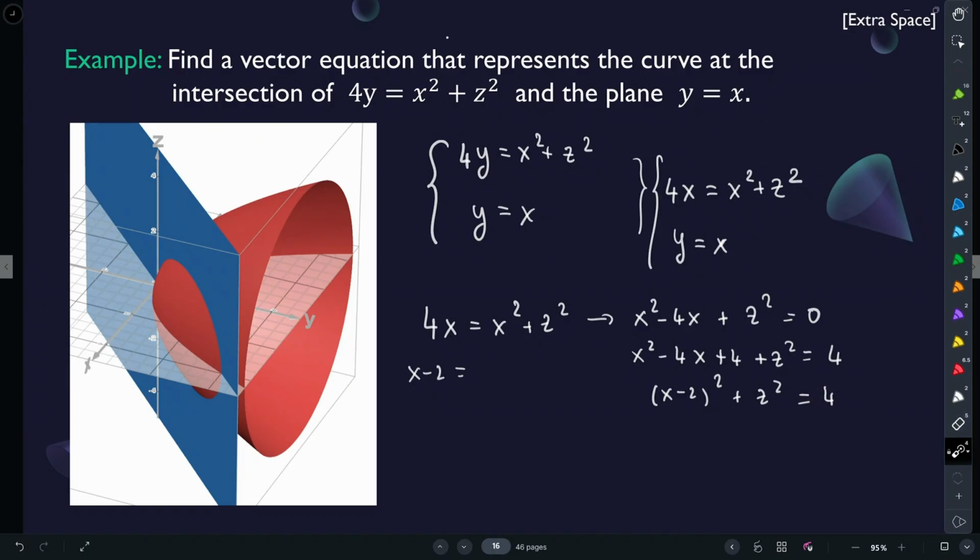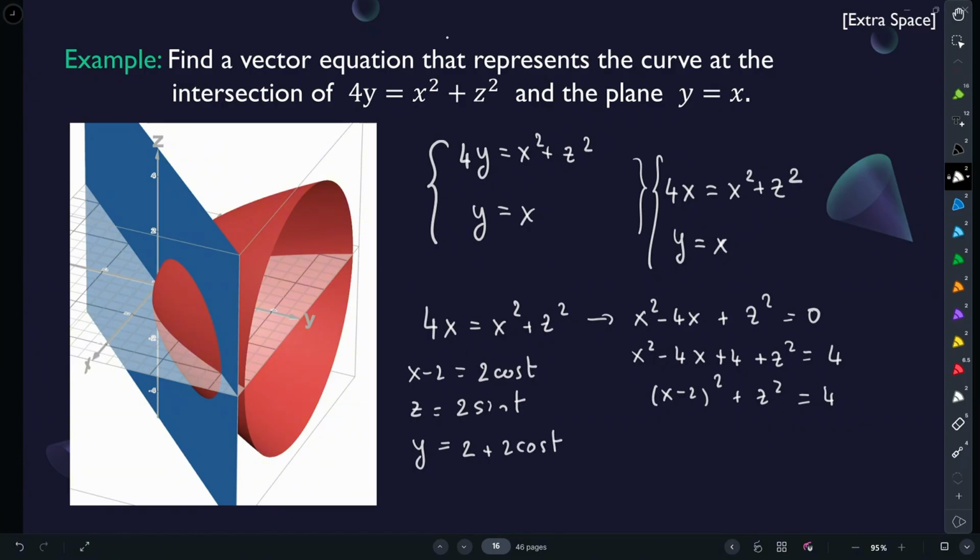So it has to be twice cosine so that the radius is 2. So x minus 2 is going to be 2 cosine t. z is going to be 2 sine t. And y is going to be equal to the x coordinate, which from above is 2 plus 2 cosine t.